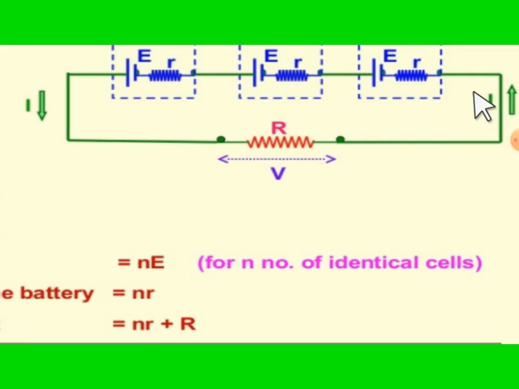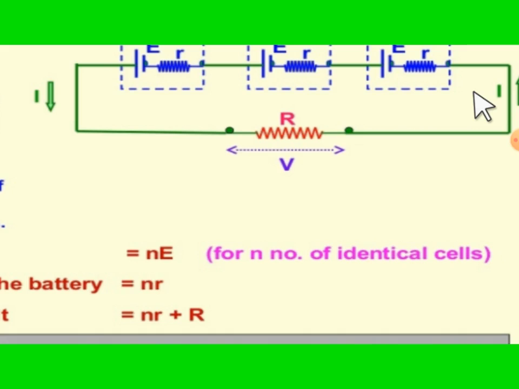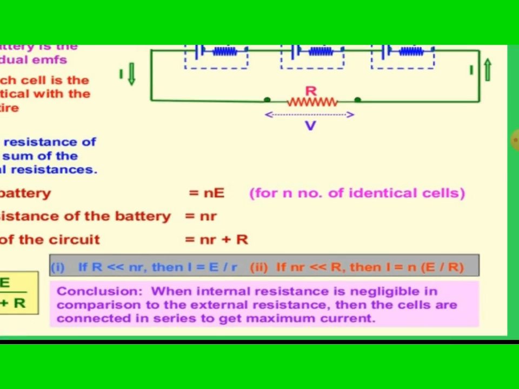So what happened? Your current will be equal to the total EMF, or rather total potential difference, divided by the total resistance. When we try to find out, I will be equal to V by R by Ohm's law. V means potential difference, no doubt, because current is drawn from here like this. So your total potential difference will be equal to your total EMF, right?